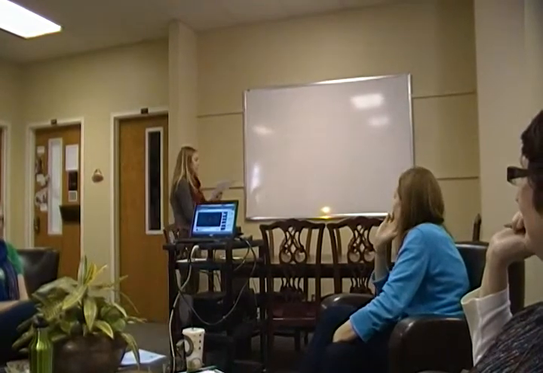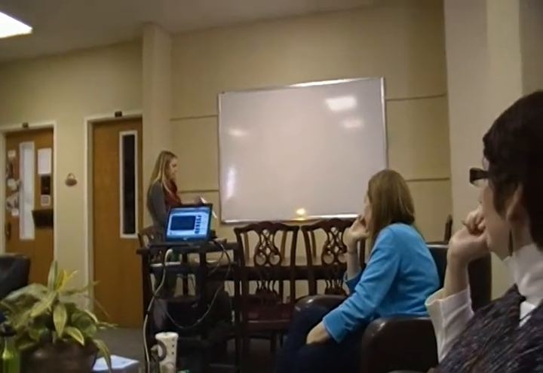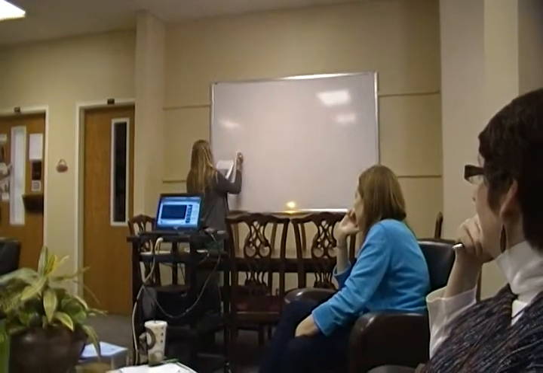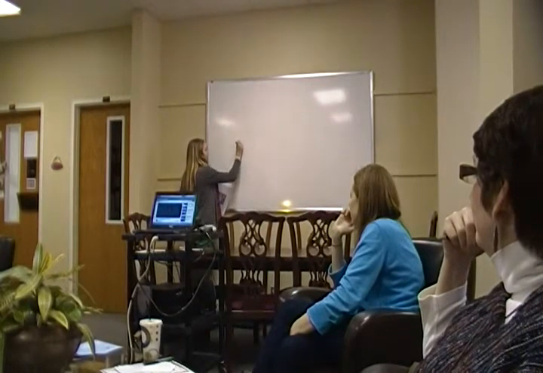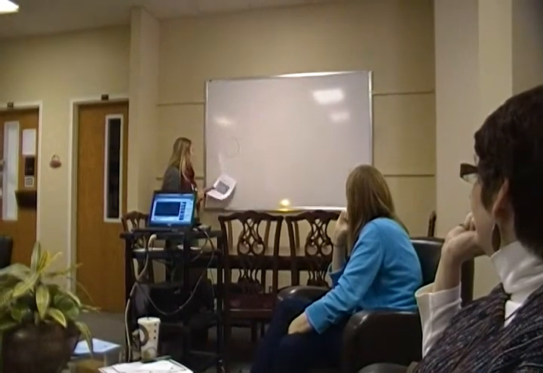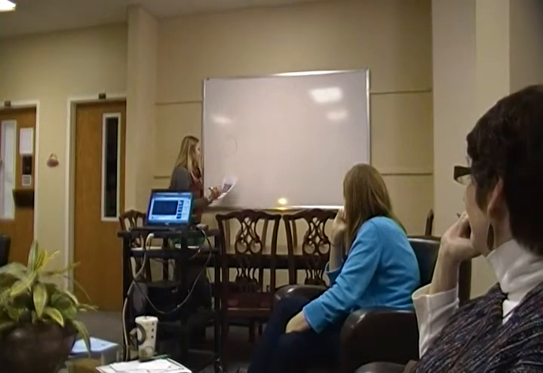Okay, so I'm going to write the phases of the moon on the board for you guys. All right, so the first phase is the new moon, and that's whenever you don't see the moon. It's at the very beginning of the month, on day 0. That's when the moon is starting the phases.